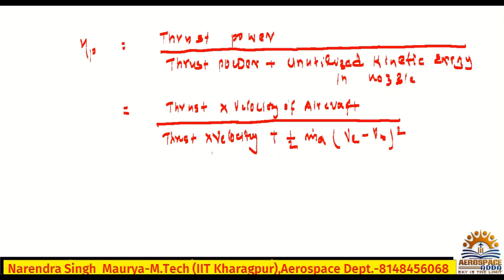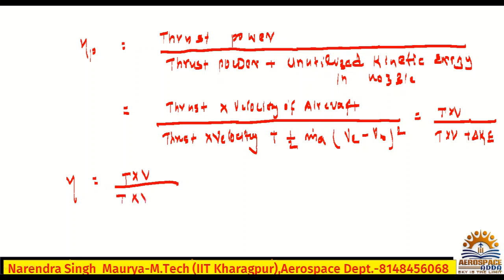So you can check, both places we have a thrust power, which is thrust into velocity, divided by thrust into velocity plus change in kinetic energy, and this is the loss in nozzle. So in numerator and denominator both places we have thrust power. We can write thrust power divided by thrust power plus delta KE.